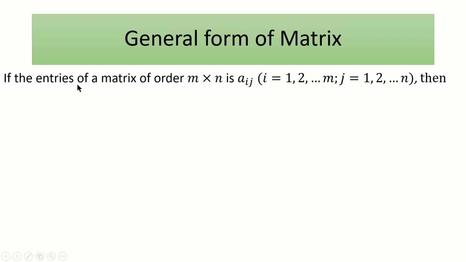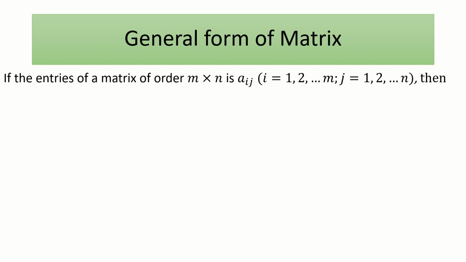General form of a matrix. If the entries of a matrix of order m by n are a suffix ij, I mean i is rows and j is columns, that means i is equal to 1, 2, 3, dot dot dot up to m and j is equal to 1, 2, 3, dot dot dot up to n. That means when i is equal to 1, the position of this entry will be the first row, and when j is equal to 1, the position of the entry will be the first column.